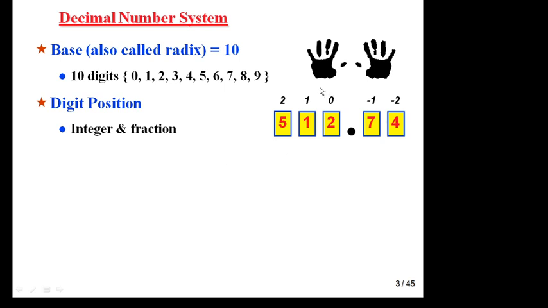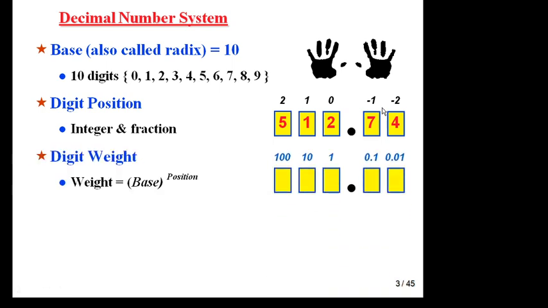Now what is the position of a digit? This position is the 0th position, this is the first position, and this is the second position. This is -1 position, this is -2 position. The left-hand side of the decimal point is called the integer part, and this is called the fractional part. And positional weight is r to the power i, or you can say base to the power position.